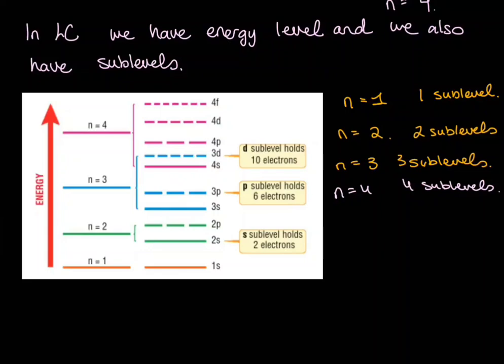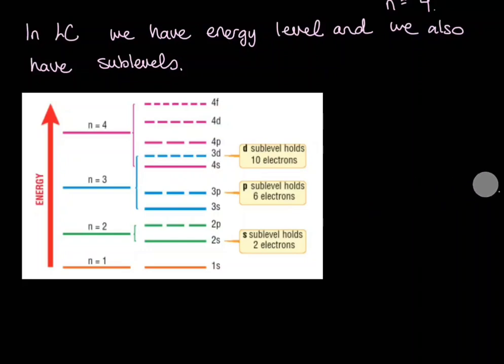So now let's take a look at what each of these can hold in terms of electrons. So the very first one, the first shell, and the s sublevel. So s sublevels hold 2 electrons.